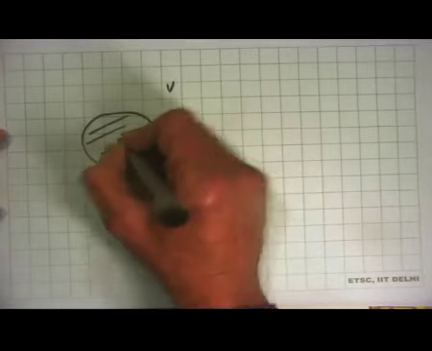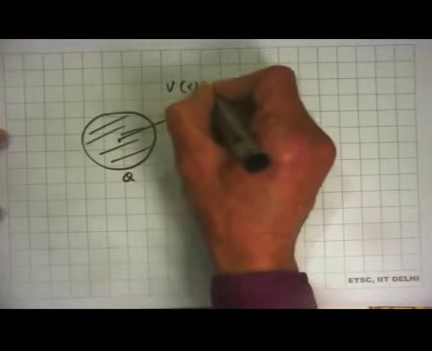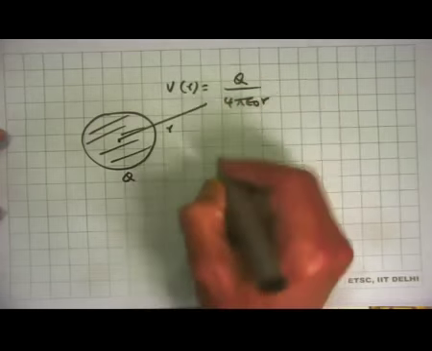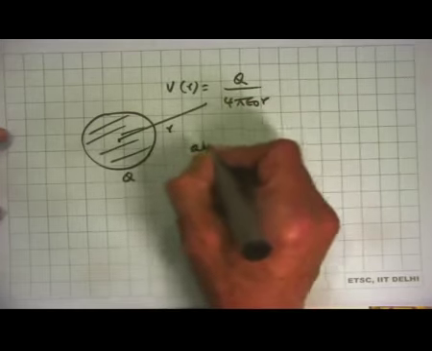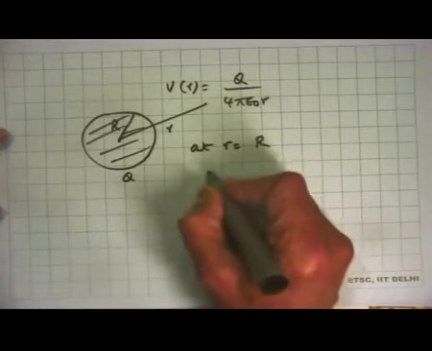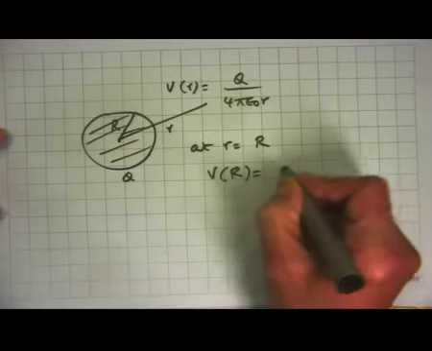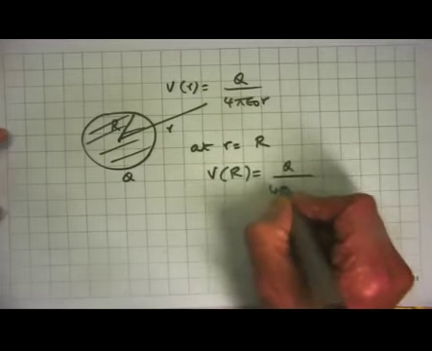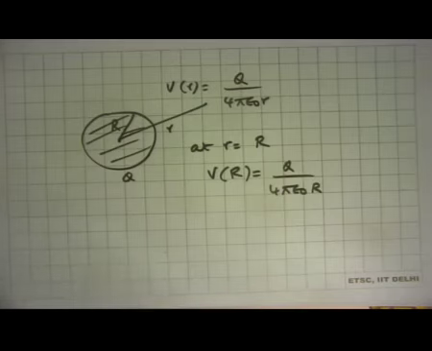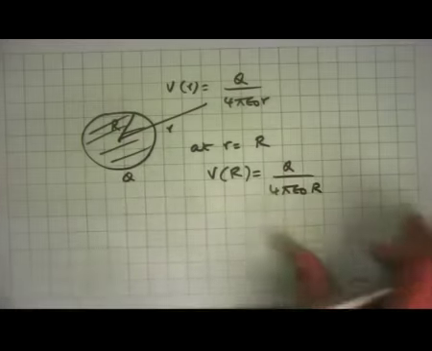So, the potential at any point at distance r from here is q by 4 pi epsilon_0 r, and on the surface of the conductor, where r is equal to the radius, the potential is q by 4 pi epsilon_0 r. So, the potential on the surface of the conductor is equal to the charge carried by the conductor divided by 4 pi epsilon_0 times the radius of the conductor. That is the equation which I am using here.